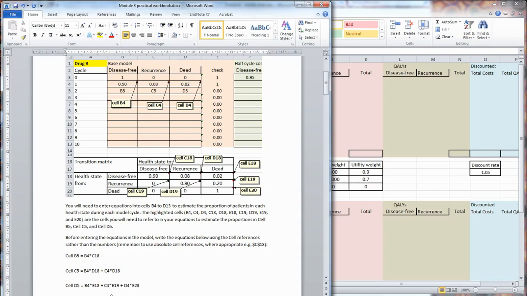And so those are our equations or formulae that we'd need to enter into the Excel model to estimate the proportions in each state at the end of model cycle 1, beginning of model cycle 2.